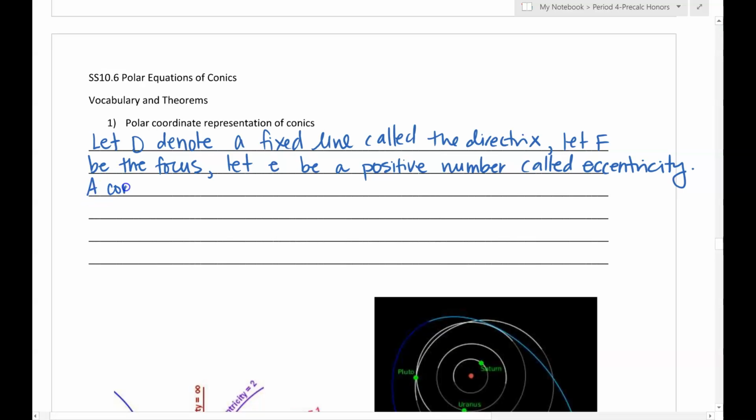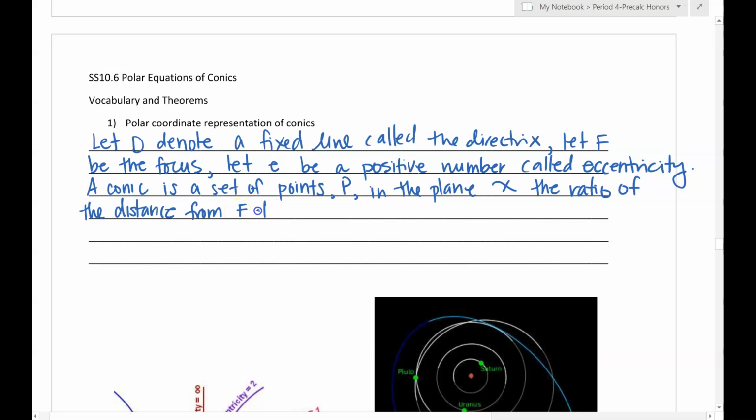A conic is a set of points, let's call it P, in the plane, such that the ratio of the distance from F, which is the focus, to P, which is any point on the circle, on the parabola, on the ellipse, on the, what are we not studying this year?